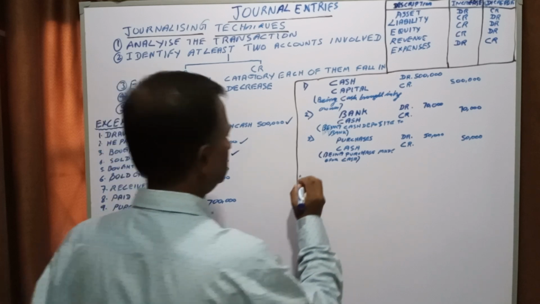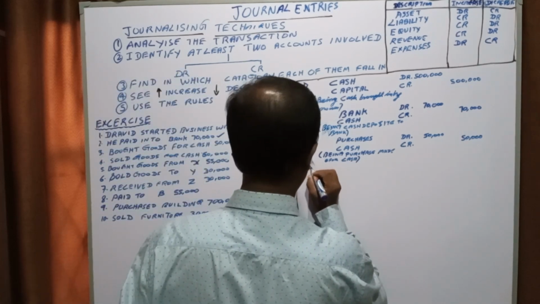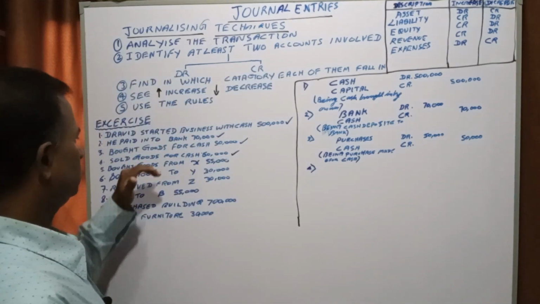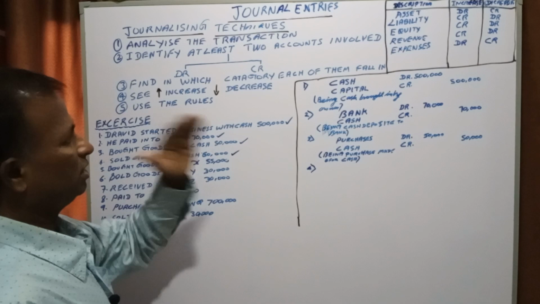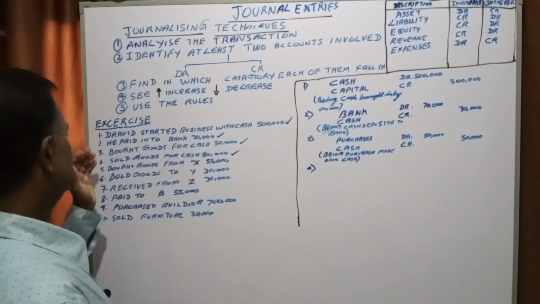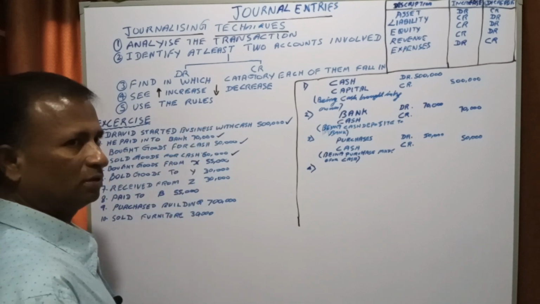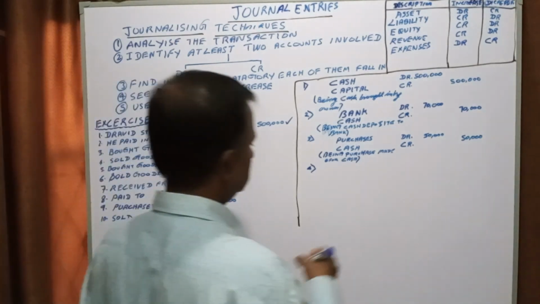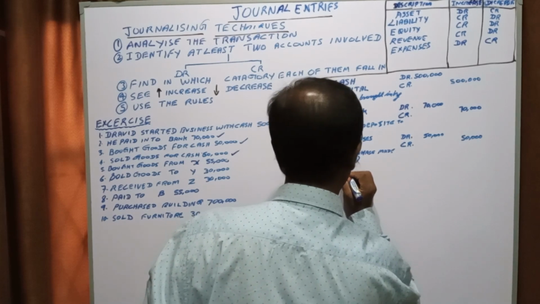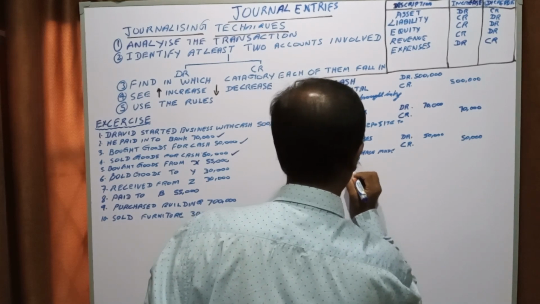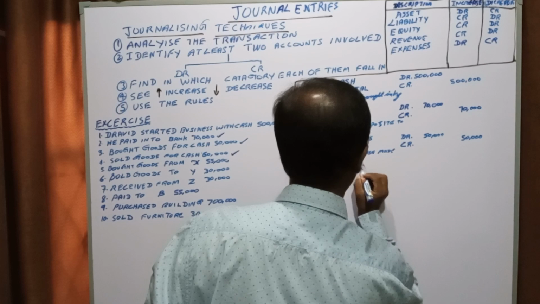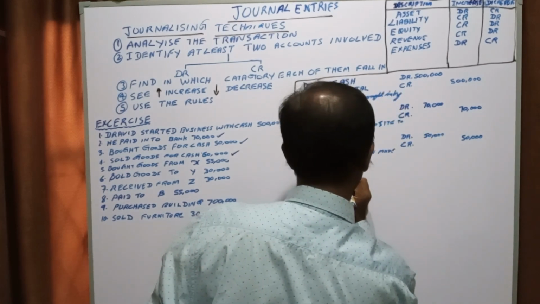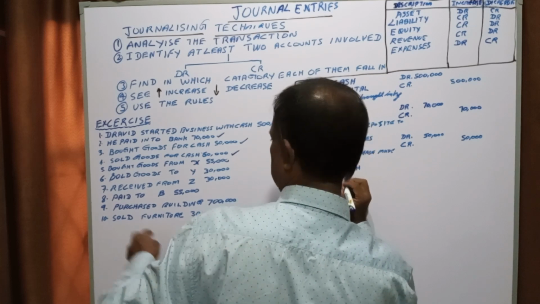Means what are the two accounts affected? We have sold goods for cash. One is sales account. Other thing is cash account. Cash account debited.